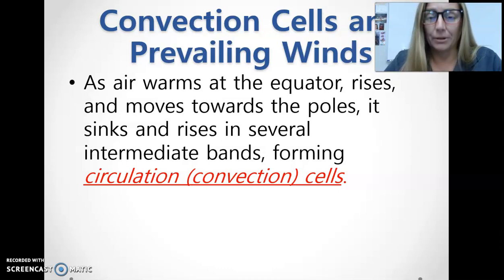So the air is getting really warm, therefore it's less dense, therefore it rises, and it starts flowing towards either the North Pole or the South Pole. And then it cools and sinks and makes a circle or a cell.